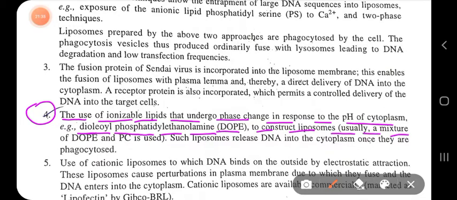Usually, a mixture of dioleoyl phosphatidylethanolamine and phosphatidylcholine is used. Such liposomes release DNA into the cytoplasm once they are phagocytosed.